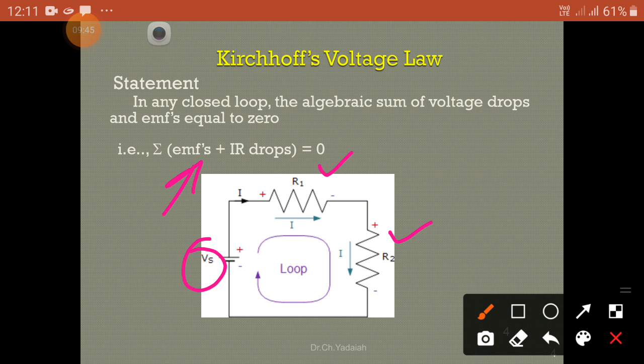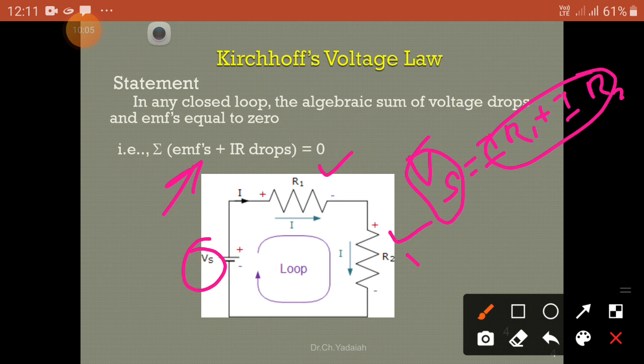So we can write Vs is equal to I into R1 plus I into R2. Whatever the sources are equal to the drops, or we can write Vs minus I into R1 minus I into R2 equals 0. The same formula we applied here.